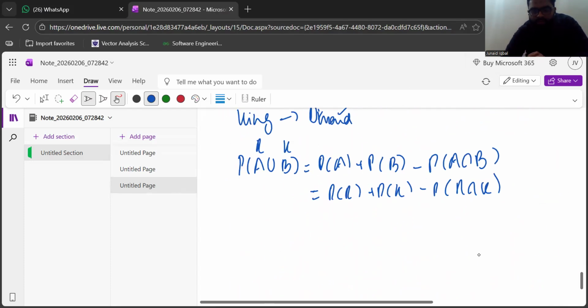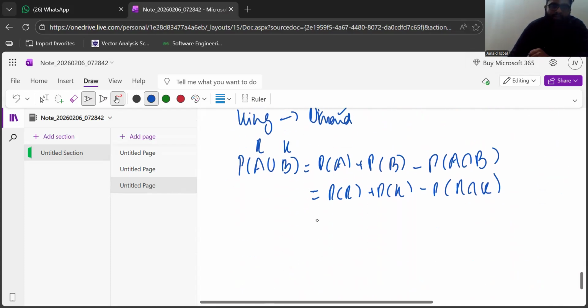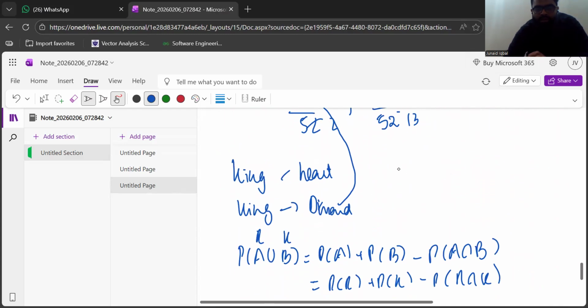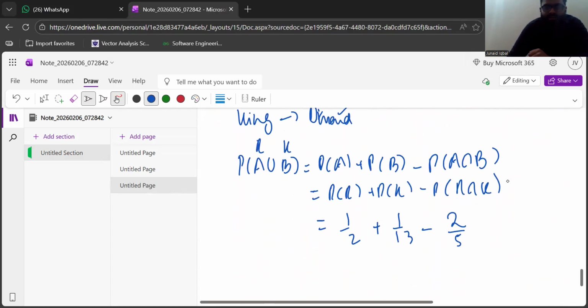So I put the values in the formula: 1 upon 2 for the probability of red, 1 upon 13 for the probability of king, and the common one, 2 upon 52, which means 1 upon 26.